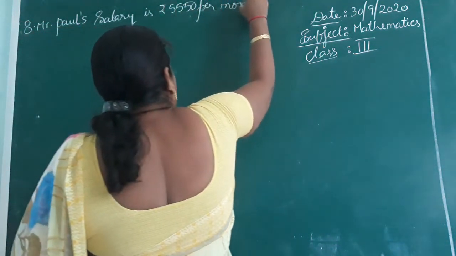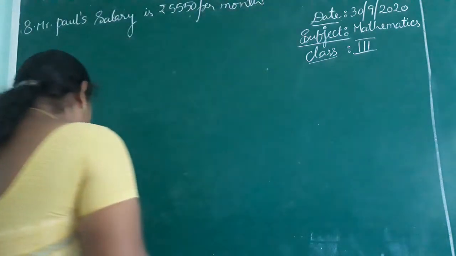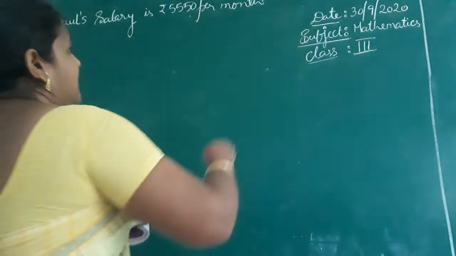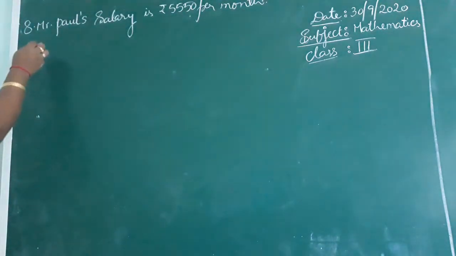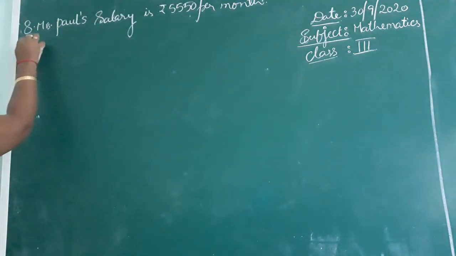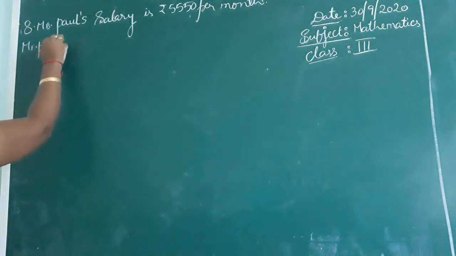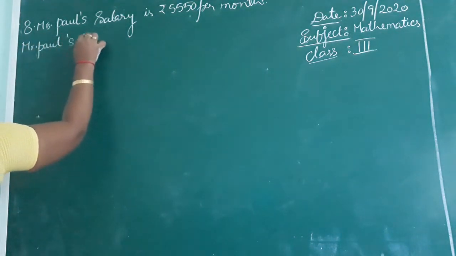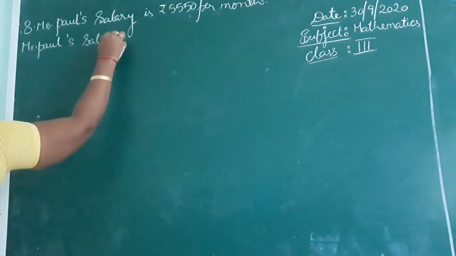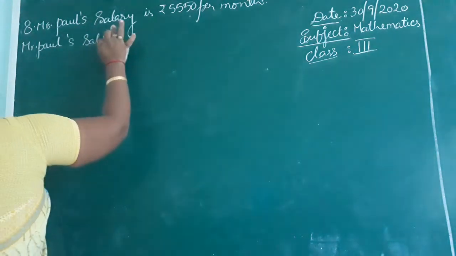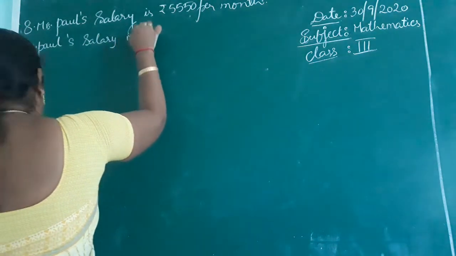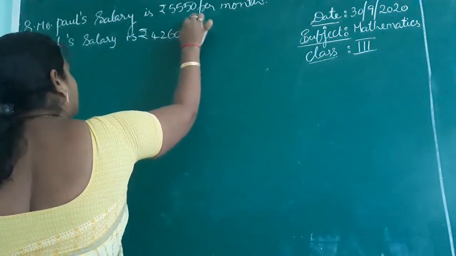Per month means everyone will get the salary every month. On completion of the month, they will get the salary. Next, Mrs. Paul's salary is given. Mrs. Paul's salary is 4,260 per month.